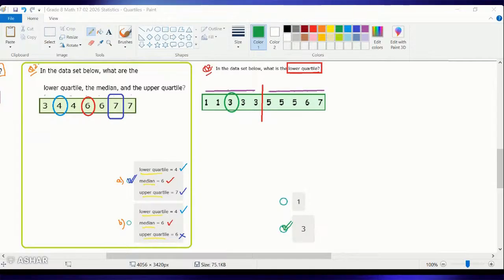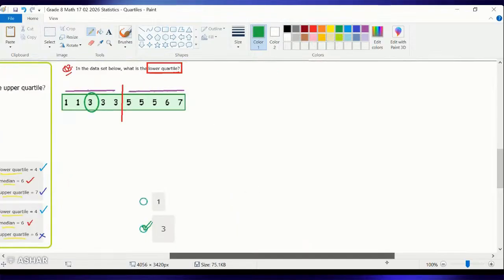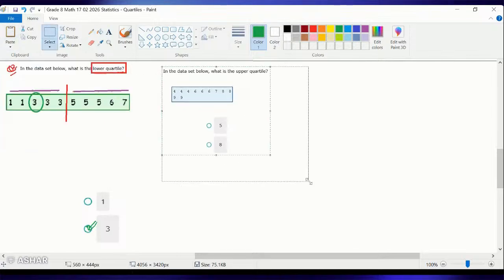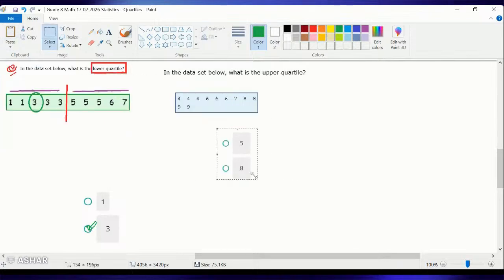Moving ahead, let's try one more question. The data is being given to us. We need to find the upper quartile for the next question, question number 4. If this information has been provided to us, we need to find the upper quartile for this given set of data.